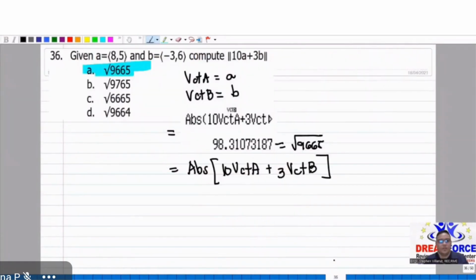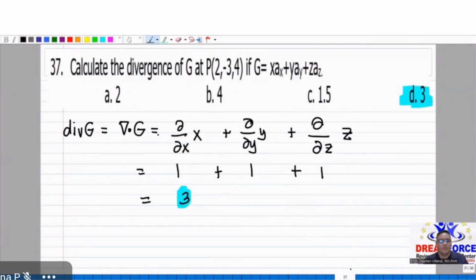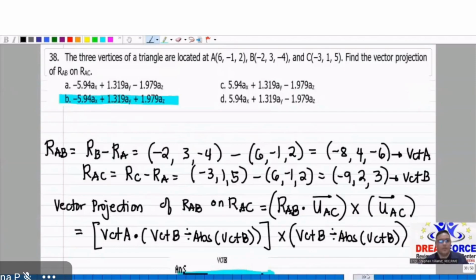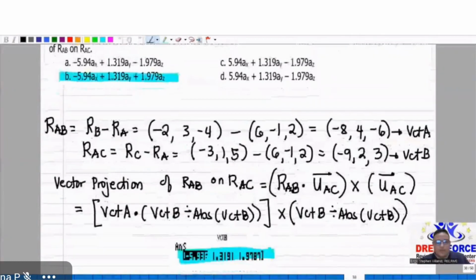Next, 36, apple. Magnitude lang. The next, 37, divergence. Dog. Next, 38, part 1. Boy. Boy yung sagot dito. Tapos, part 2.